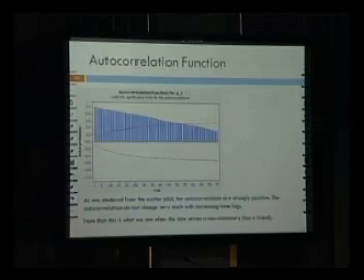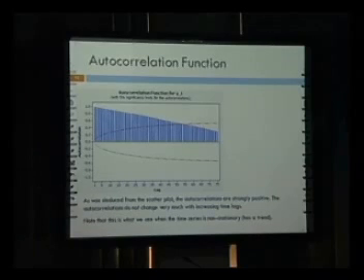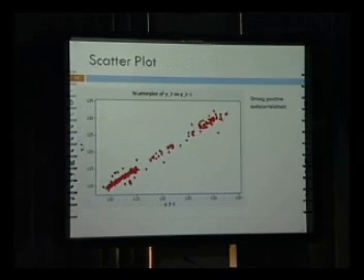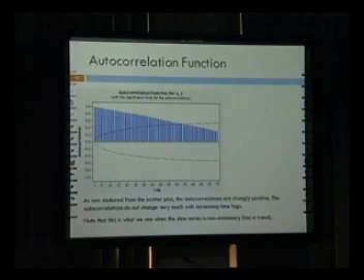We can also see this from the autocorrelation function, where we have a very strong positive autocorrelation, and the autocorrelation values are decreasing very slowly, which indicates a positive trend in our original data. Those are the visual indicators, and this is the analytical indication.